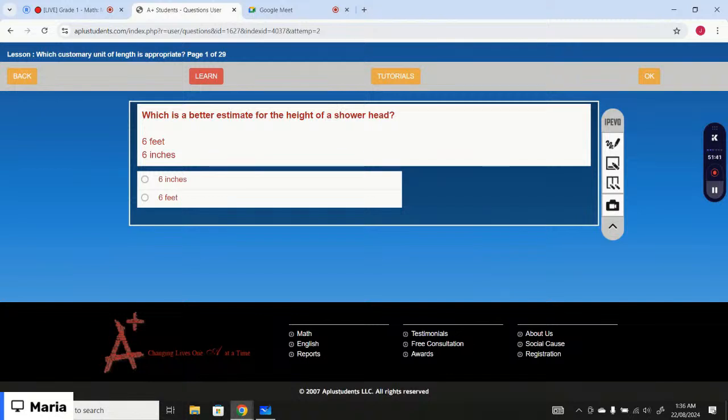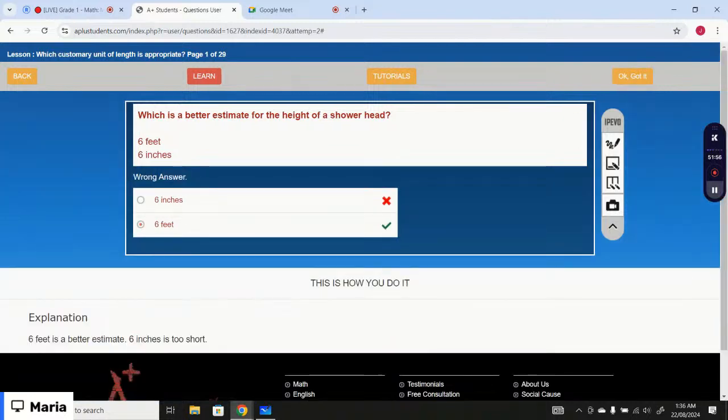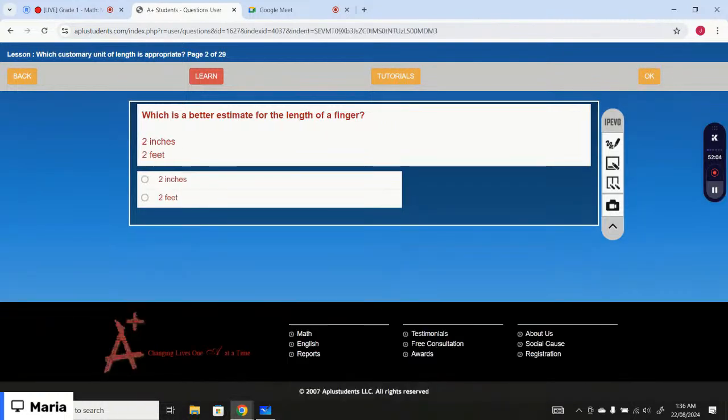The correct option is 6 feet, right? 6 inches is too short for the height of the shower head. The correct option, sorry, is 6 feet, not 6 inches.